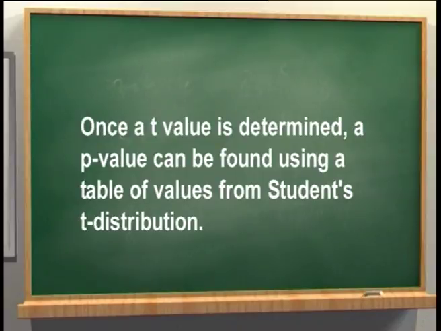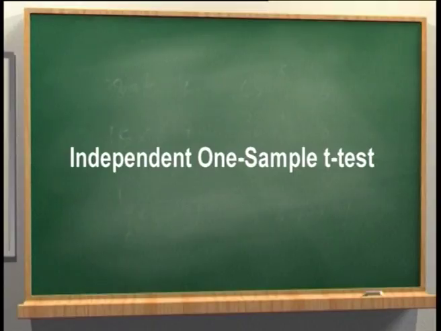Once a t value is determined, a p value can be found using a table of values from Student's t distribution. If the calculated p value is below the threshold chosen for statistical significance, usually at the 10% level, 5% level or 1% level, then the null hypothesis is rejected in favor of the alternate hypothesis.